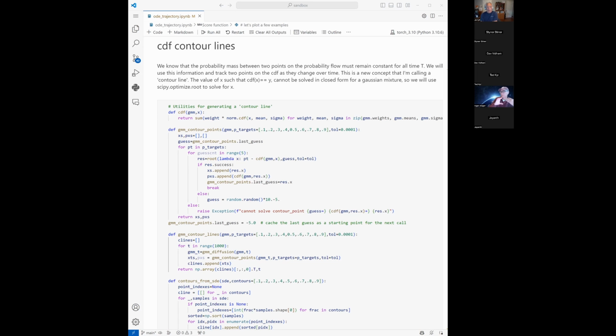I'll pick some point on that, let's say 0.1 or 0.4 or whatever. And as the PDF changes over time, so will the CDF change over time. And I'll try to solve for the coordinate x that is at the probability threshold I'm setting.